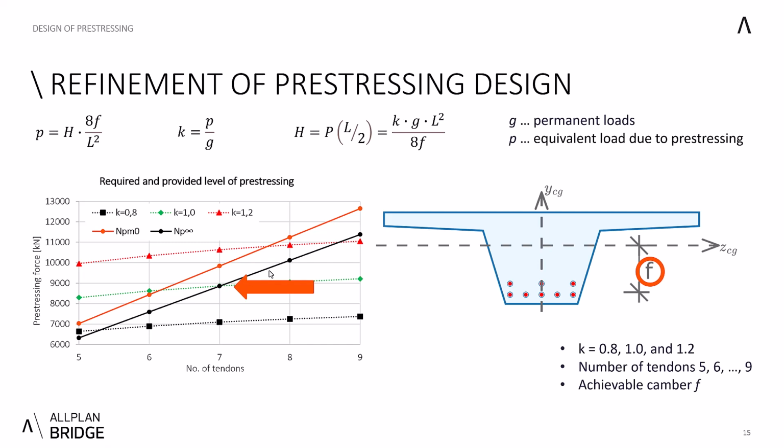In the case of Eurocode, the decompression assessment at 100 years is governing in terms of designing sufficient pre-stressing force. It will therefore be sufficient to concentrate on whether the 7-tendon variant passes the decompression check.